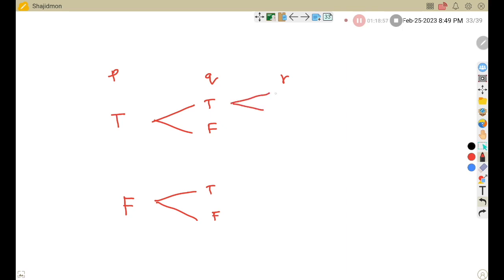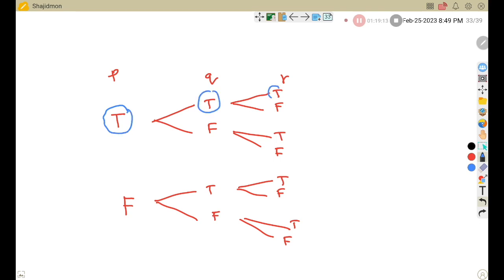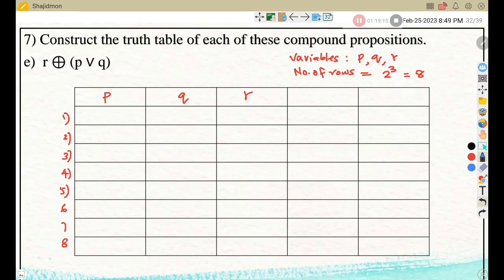Third also either true or false. This is the tree diagram. You can easily understand this one. So first row: true, true, true. I can fill here true and true and true.